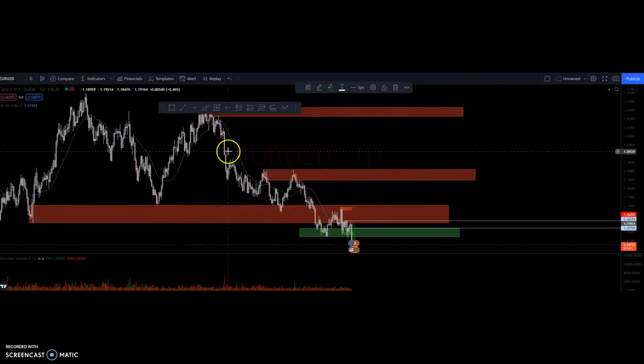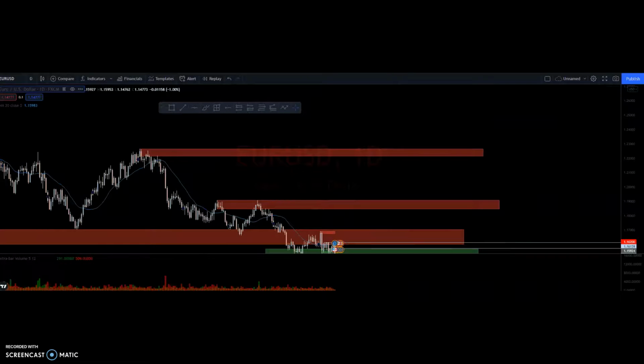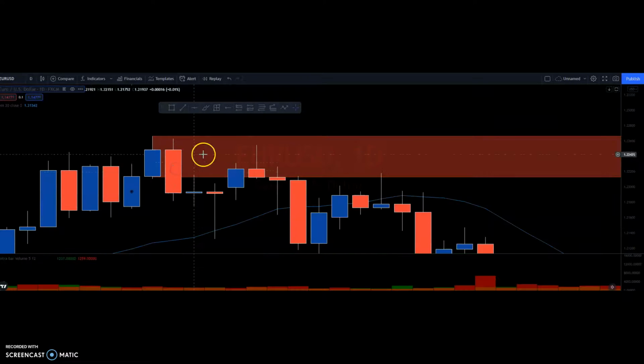So how I created these zones was, I got this last bar. This is the top of the mountain. This last inside bar. Well, it's on the outside, but the last bullish bar before it went bear.